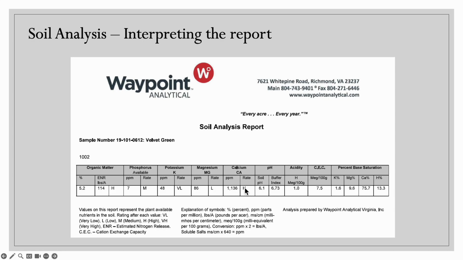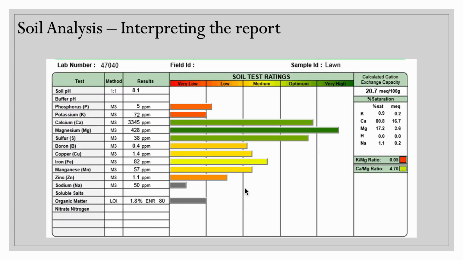Those are relative to the area that you're in, and also the crop that you add into that field, to let them know, like sample ID for lawn. So for a lawn, we're plenty sufficient in magnesium, but we're a little lacking in phosphorus.